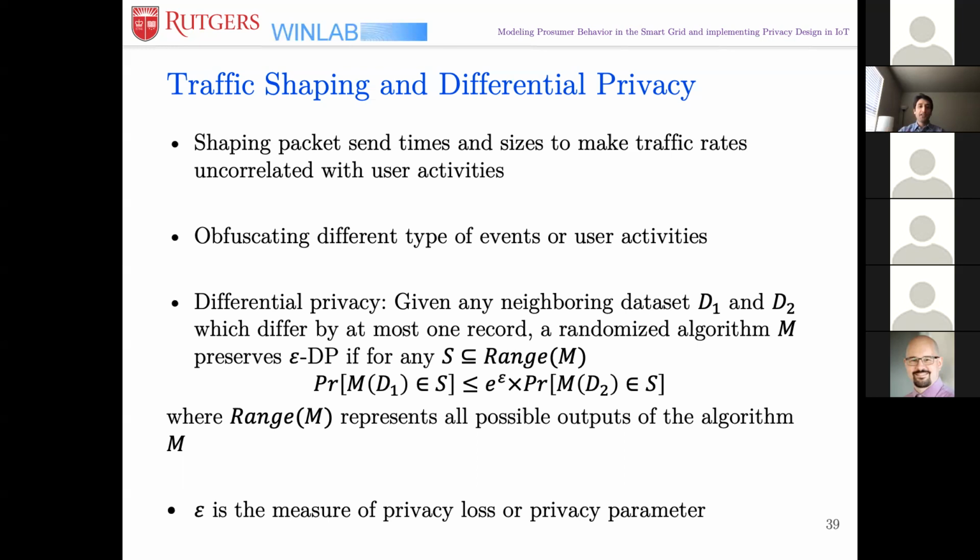So the ratio of these two probabilities is at most e to the epsilon. For all pairs of data sets, the same inequality would hold if we swapped the roles of D1 and D2. So when epsilon is 0, these two probabilities have to be the same. So when you have 0 privacy loss, you also get 0 information about the data set. So epsilon is our measure of privacy loss.